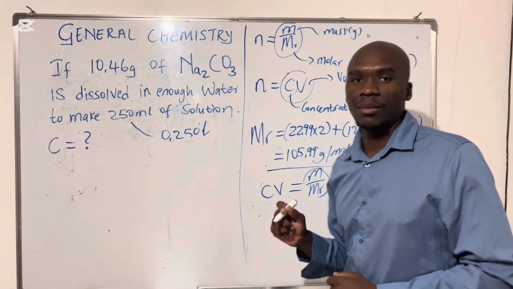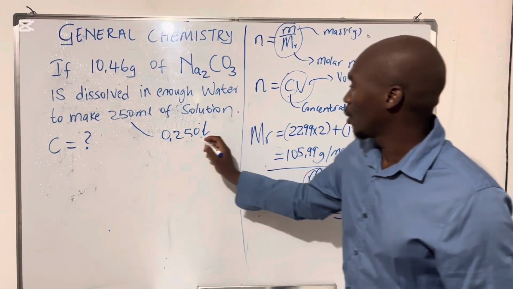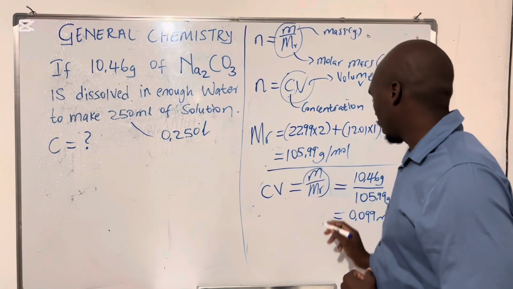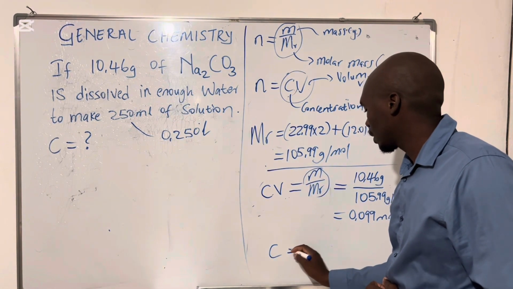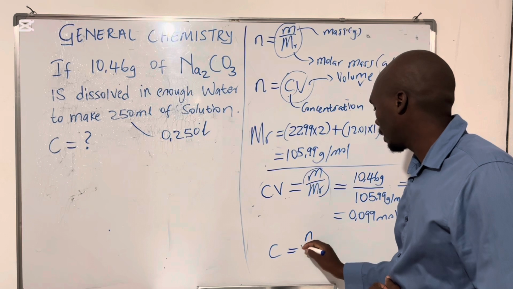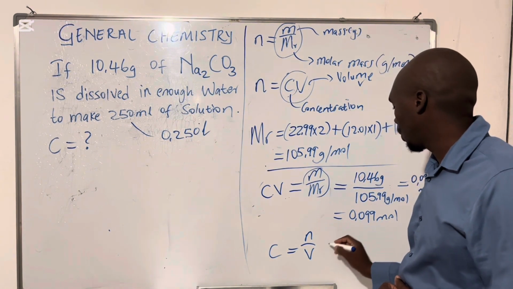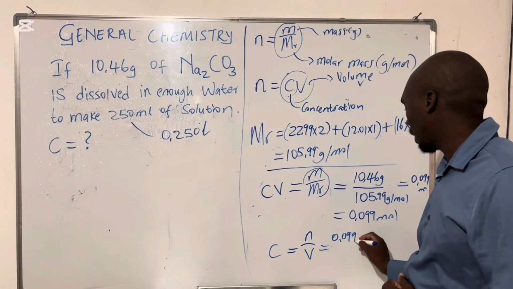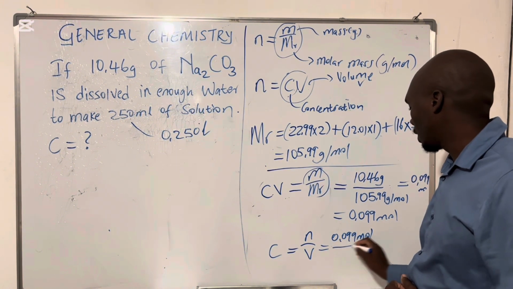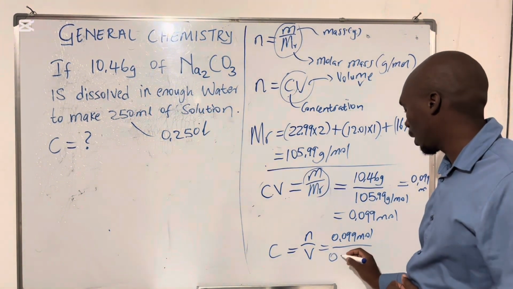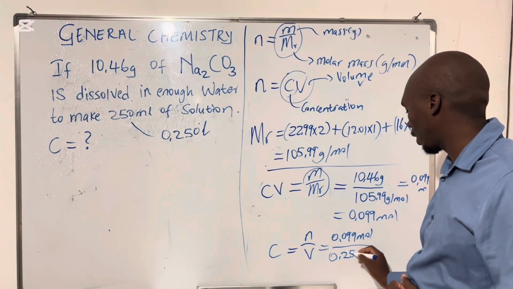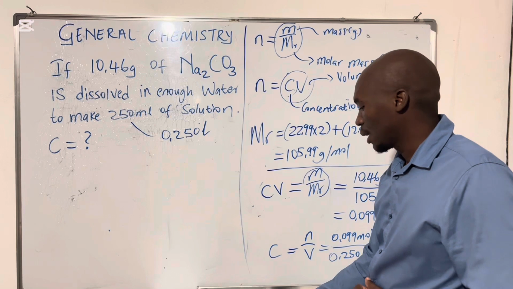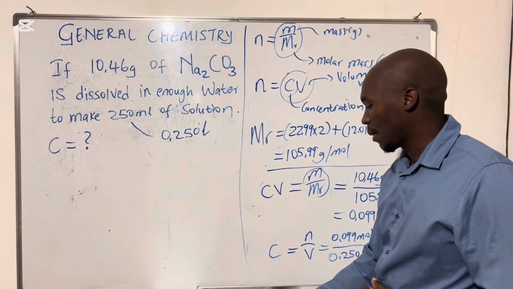So now we will just come and say C equals N over V, and we know that our N is 0.099 mole divided by V, which is 0.250 liter.